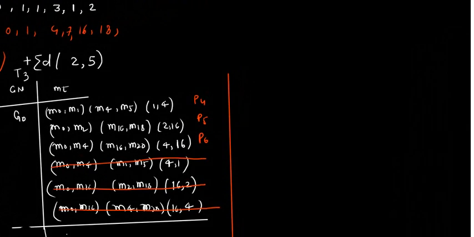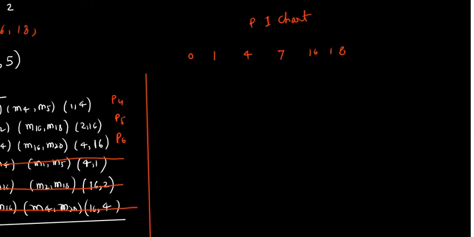In the prime implicant chart, you have to only consider the min terms corresponding to not don't cares. Please give the PI chart. 0, 1, 4, 7, 16, 18, 19, 20, 30.